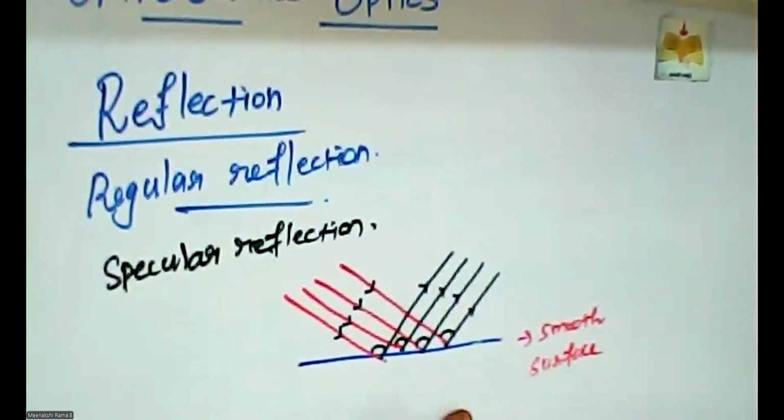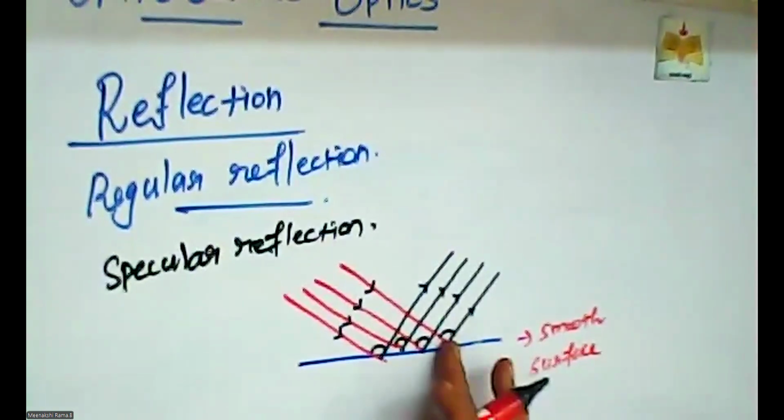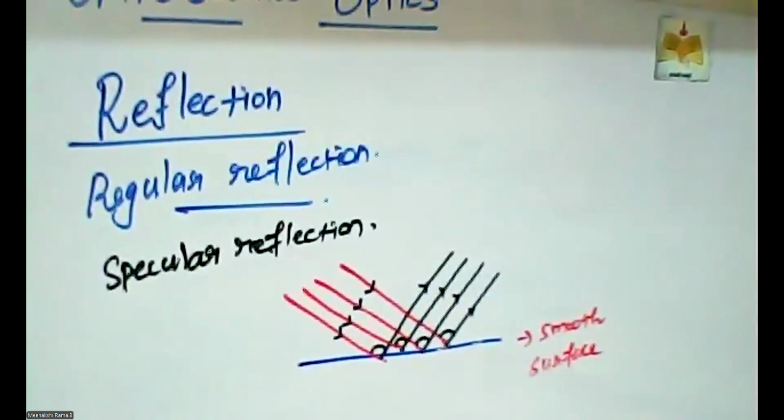This kind of reflection is called regular reflection or specular reflection. Examples of regular reflection are a smooth surface like a plane mirror, and the reflection of light from still water also.